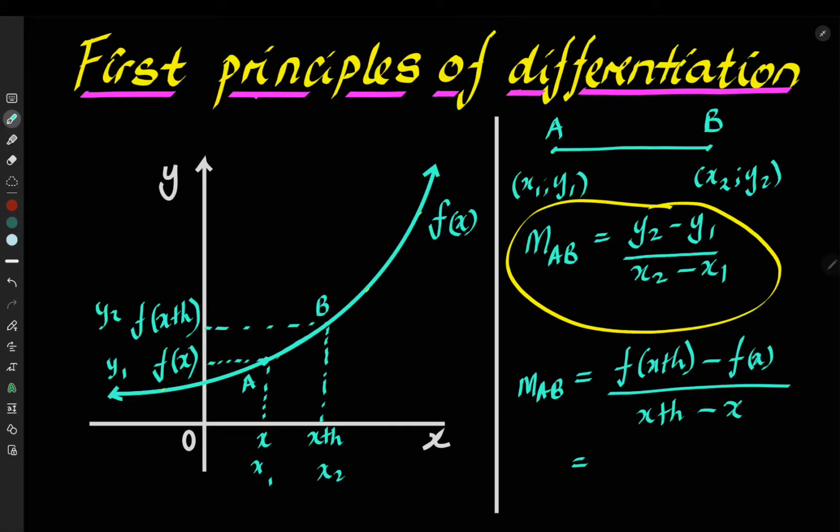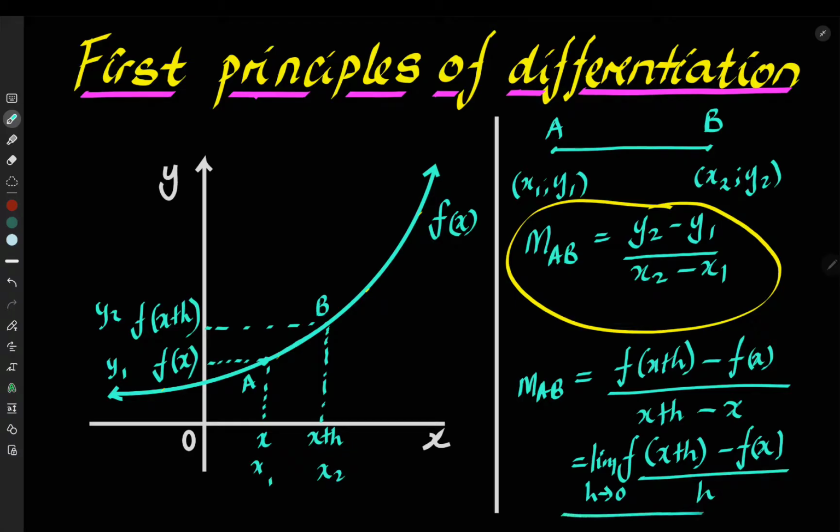And this can be simplified further to be the function of x plus h minus the function of x, at the bottom divided by h, because those x's cancel each other. Remember, we said that the value of h is a small value. That's why we limit the value of h and say that h is approaching 0. So this is how you can determine the gradient function on a curve. This is what we call the first principle of differentiation, and this is the formula that you use for the first principles.